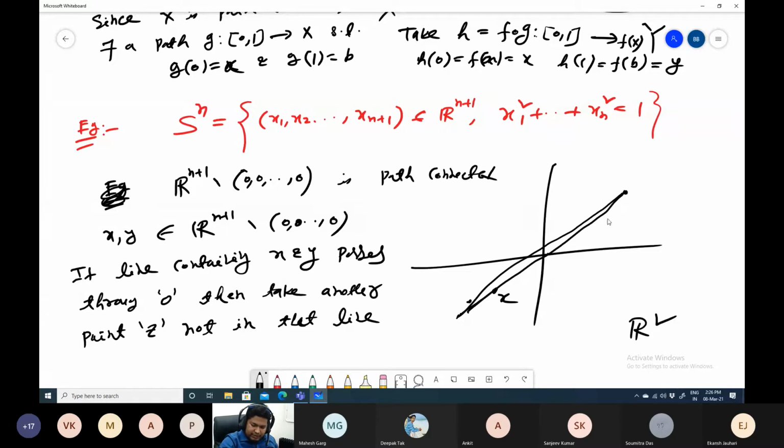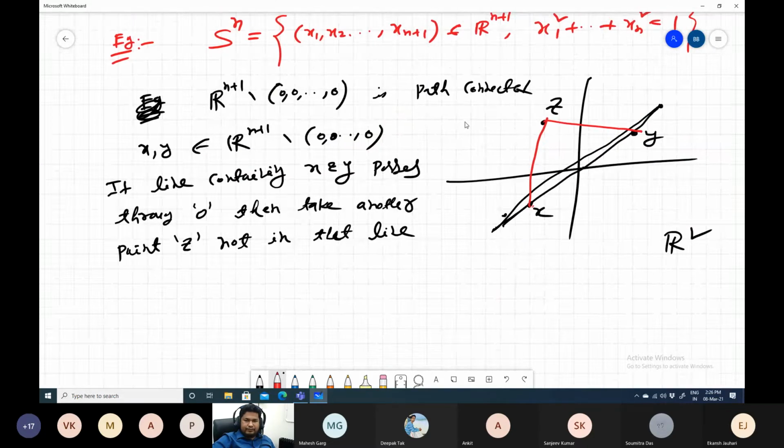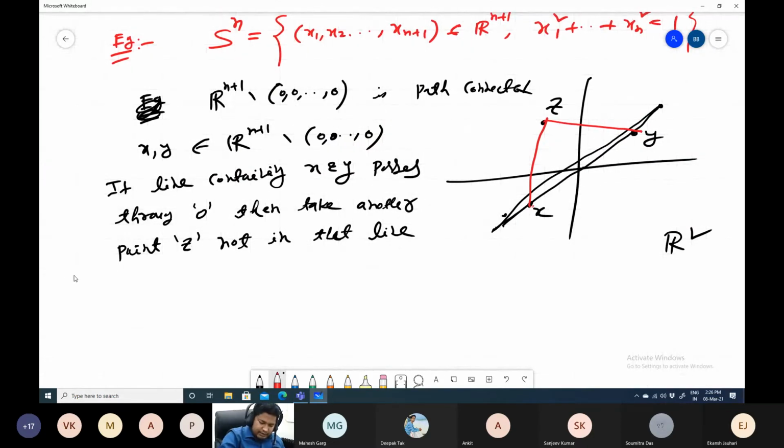Suppose this is your x, suppose this is y, then take a z, then define a path from x to z and a path from z to y, so a path is obtained. Take a path x to z and z to y. So this is case 1.